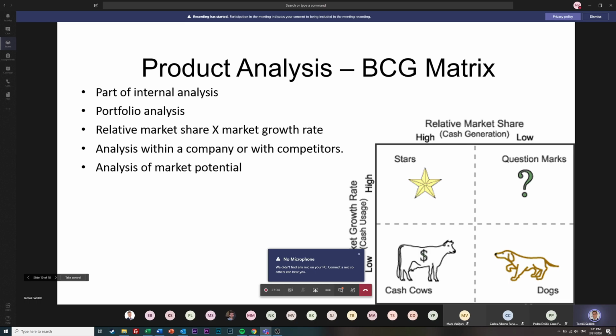We cannot say that the question marks take only 2 years and the cash cows only 5 years. It really depends on what the industry is and what kind of products we are talking about. Typically, the less innovative the industry, the longer the time a product stays in one of these quadrants of the BCG matrix.